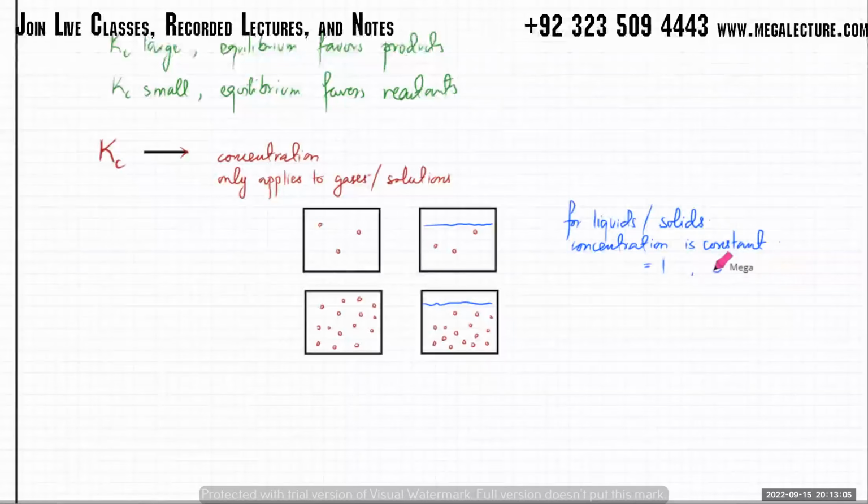Because the spacing of the particles never really changes. Here the spacing is changing in gases, they're becoming closer together. You've added, let's say, sugar to water. If you add too much of it, the particles would be close together. They'll be far apart if you add very little of it. So the spacing never changes. Liquids can be. If you have water liquid, right? Imagine that you've got water liquid.